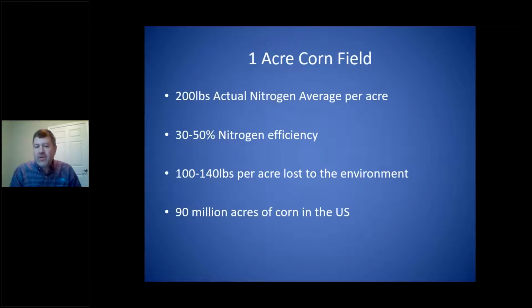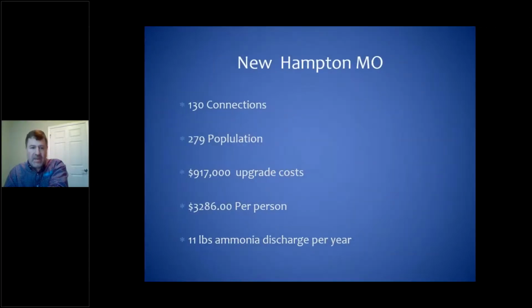So 3 or 4 acres of conventionally raised corn is releasing as much into the environment as that entire wastewater plant that cost those people $12 million. When I look at that, I'm like, something's not quite right here. We need to work on what we can in the areas that are right.